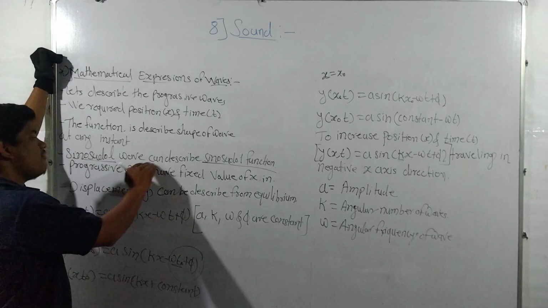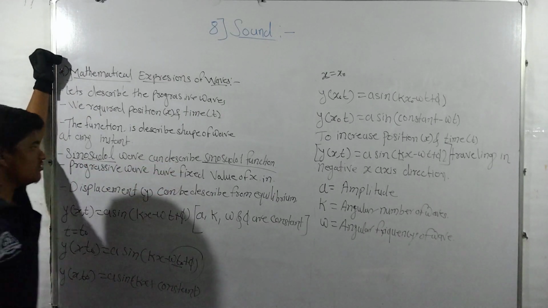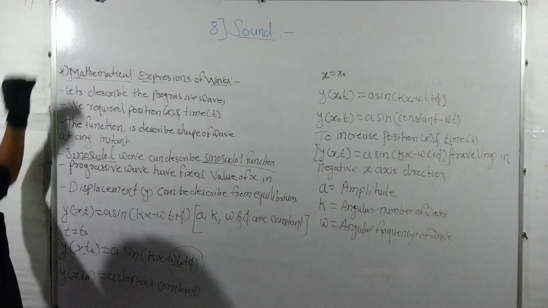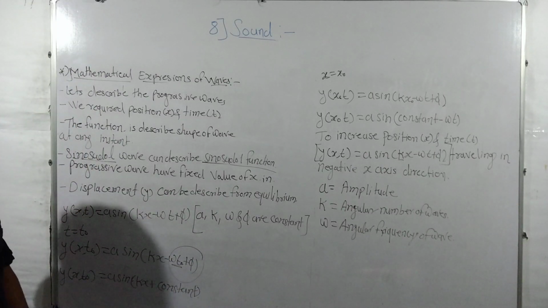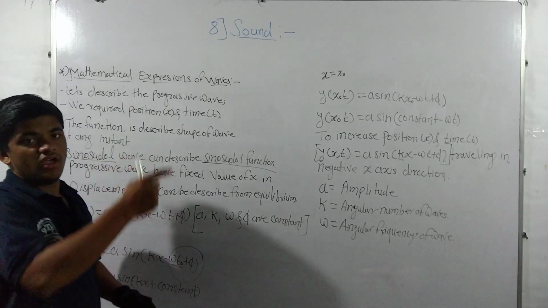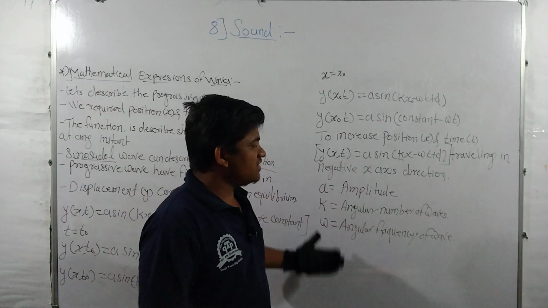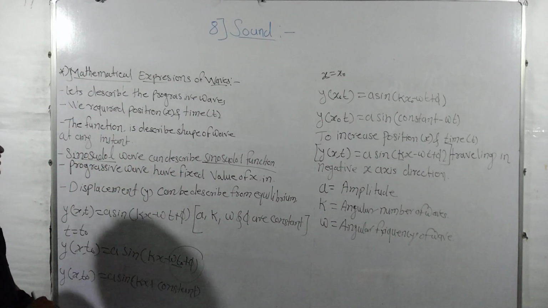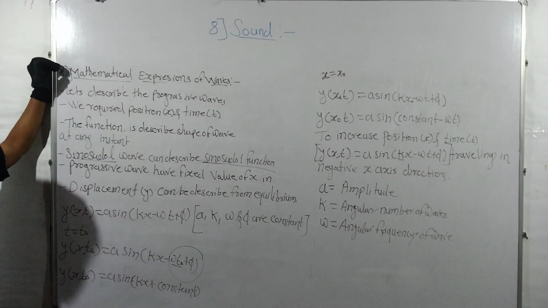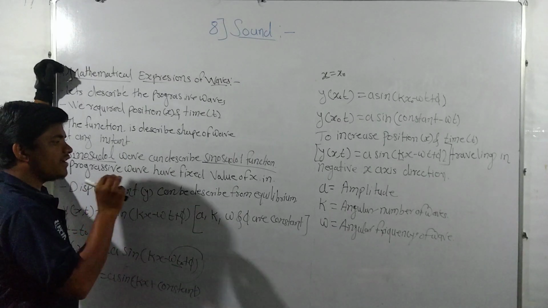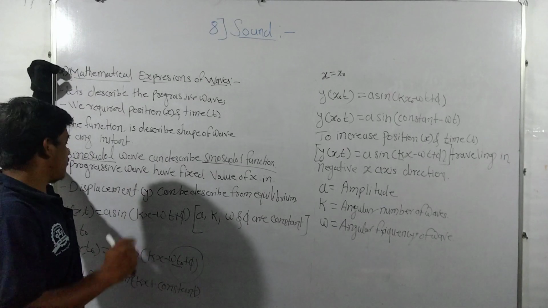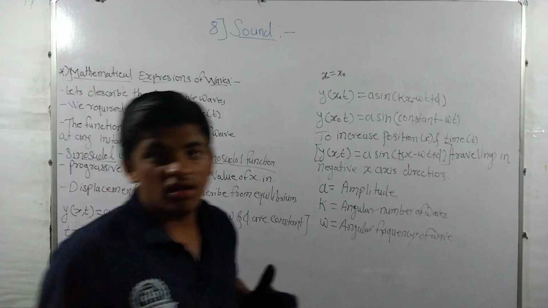A sinusoidal wave can be described by sinusoidal functions, that is, in the form of sine ratios. We can see the diagram of the progressive waves, which are sinusoidal waves. Progressive waves have a fixed value of x in a medium when they are transferred through the medium.